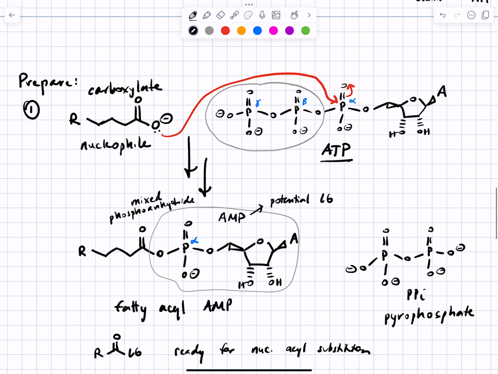In other words, we traded a weak phosphoanhydride bond in ATP for another weak mixed phosphoanhydride bond in the fatty acyl AMP. You had to lose ATP to get there. Why? Because the carboxylate itself is not that reactive.